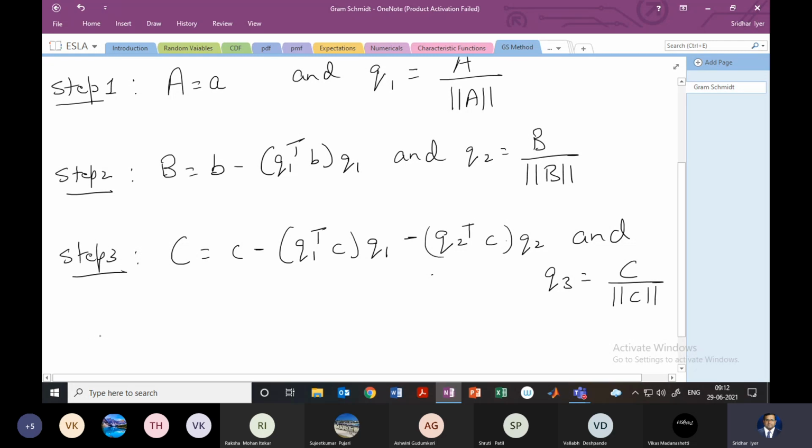Usually maximum we'll have to do only step 3. I have not seen any questions beyond that because manually it becomes very difficult. We'll see in the numerical.